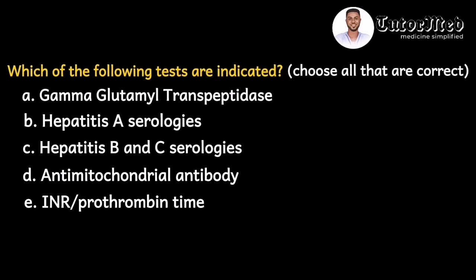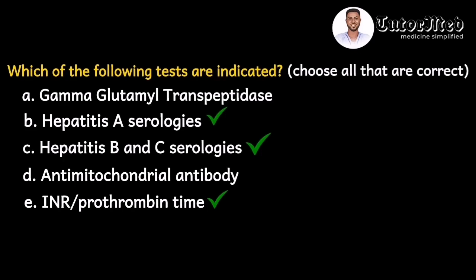You'll be right if you chose options B, C, and E. Yes, you need to do hepatitis A, B and C serologies because all are common causes of acute hepatocellular injury, which she has.